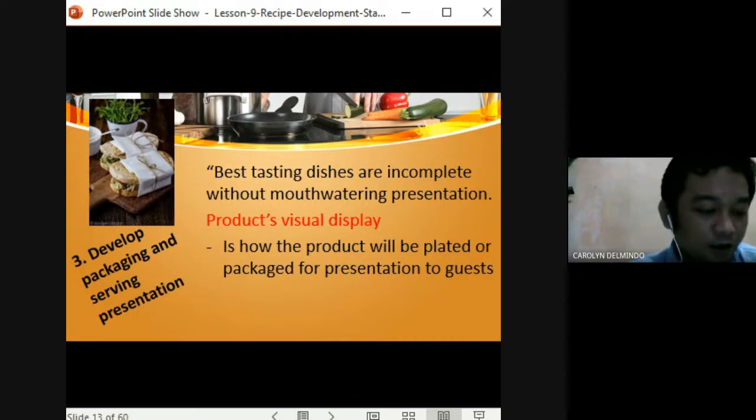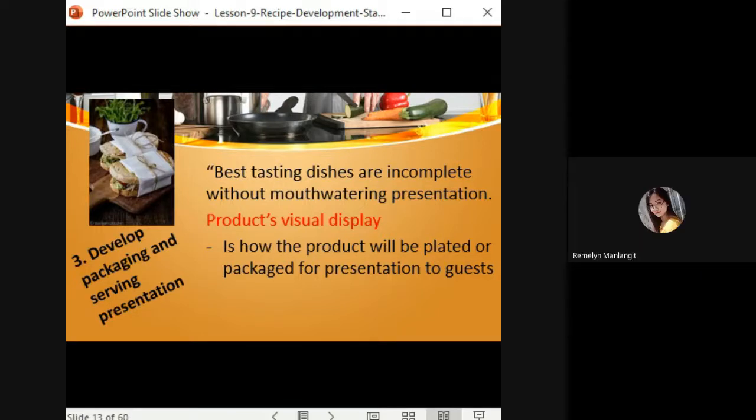Number 3, develop packaging and serving presentation. Best tasting dishes are incomplete without mouth-watering presentation. Product visual display is how the product will be plated or packaged for presentation to guests.